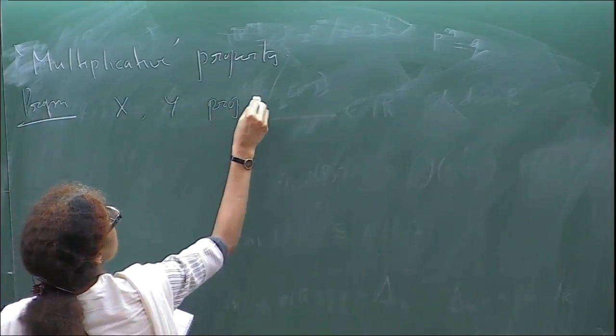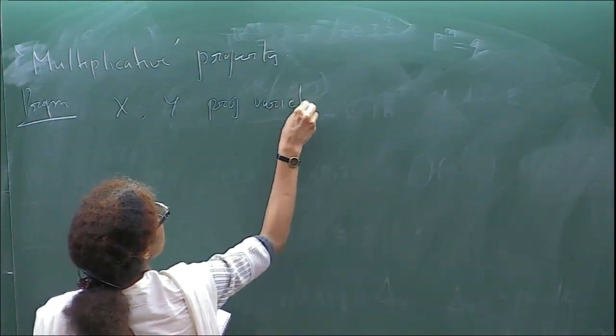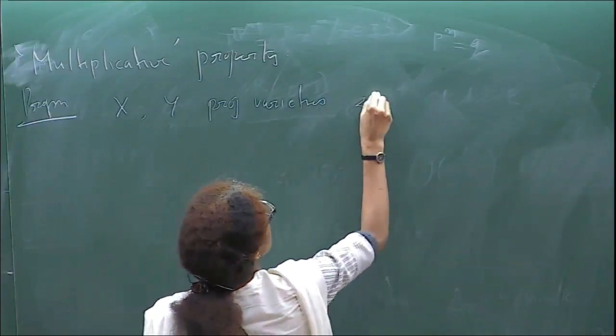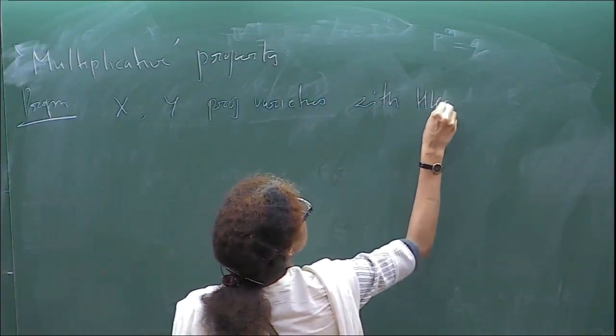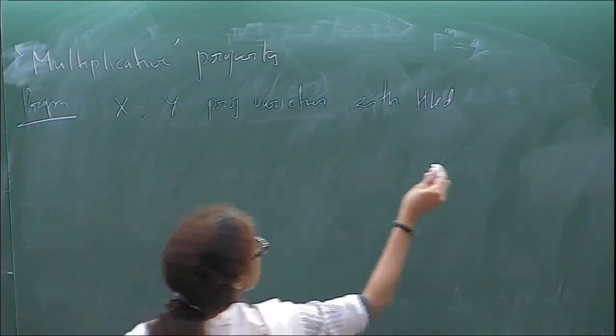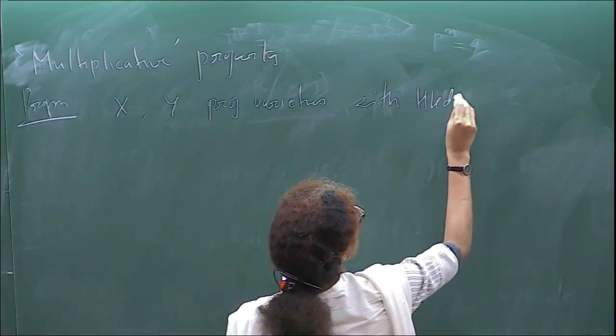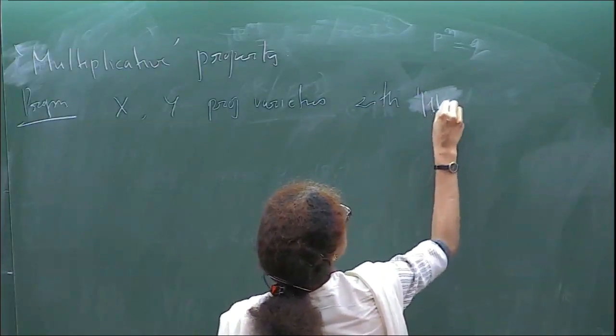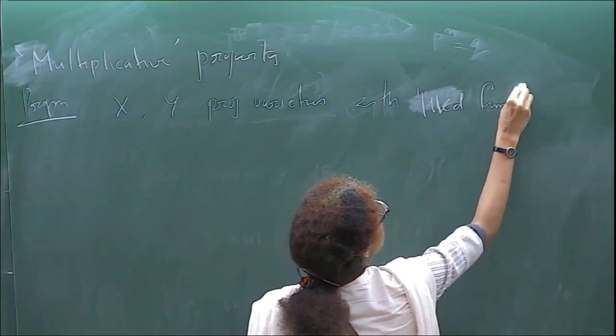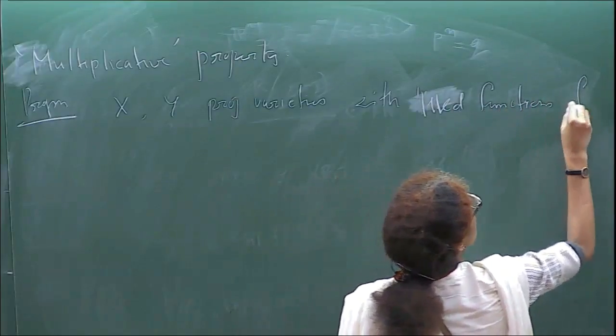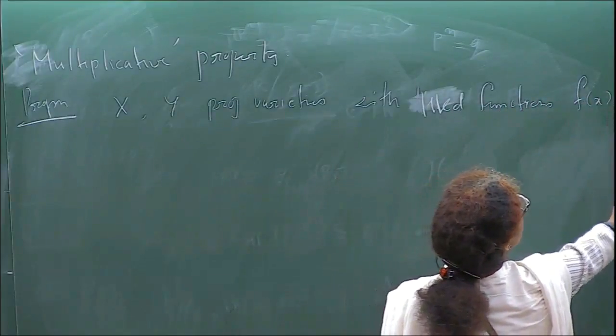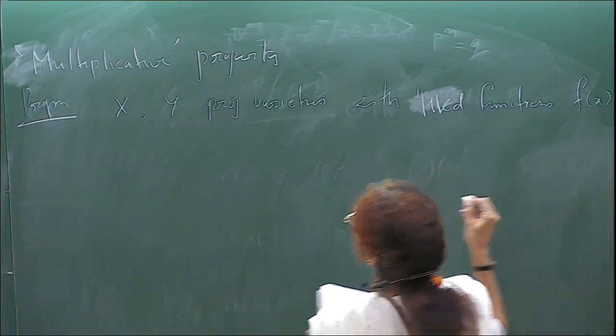I can take the ring also, that X and Y are projective varieties with HKD function. So I have to specify my ideal also, but take the maximal ideal, for example, HKD functions Fx and Gx respectively.